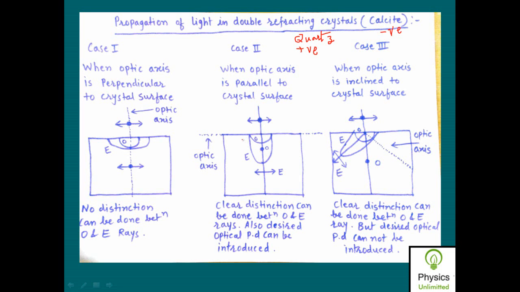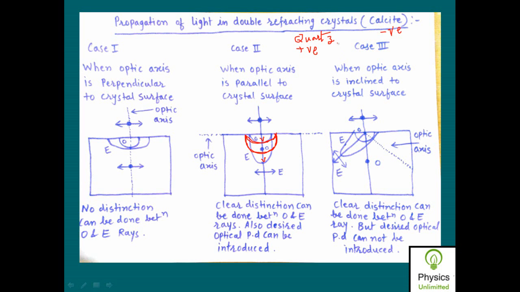It's not axis, it is the wavefront. Wavefront, sorry. So in this case the ordinary wavefront will be spherical in shape, and it will lie outside the elliptical wavefront. So here the elliptical wavefront will lie inside the spherical wavefront, because the velocity for extraordinary ray will be less as compared to the velocity for ordinary ray. Is it clear to you?